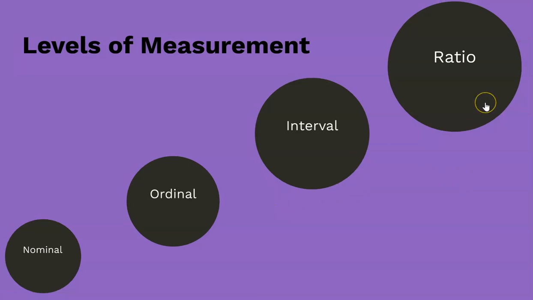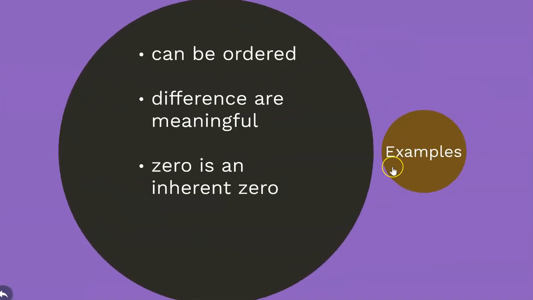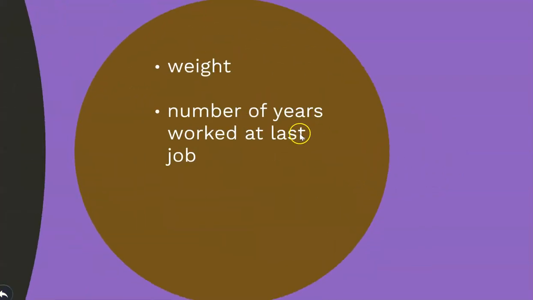The fourth and highest level of measurement is ratio. Ratio data has all of the qualities of interval data except the added part that 0 does mean an inherent 0. So in ratio data, 0 truly does mean 0. Some examples of ratio data are weight.